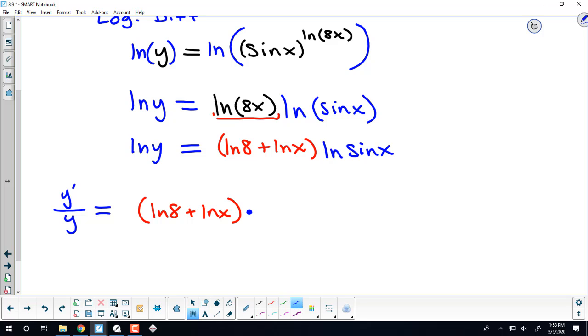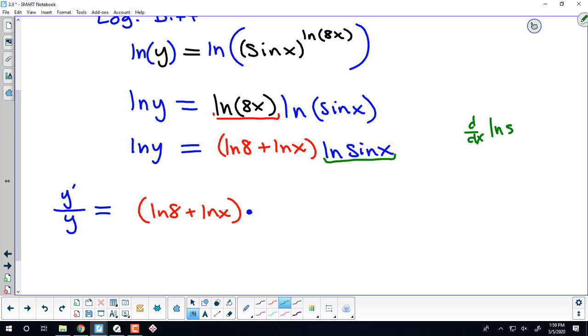What's the derivative of the natural log of sine? Might be 1 over sine x, times the derivative of sine x, which is cosine. Yes. So let's do that here, kind of to the side.